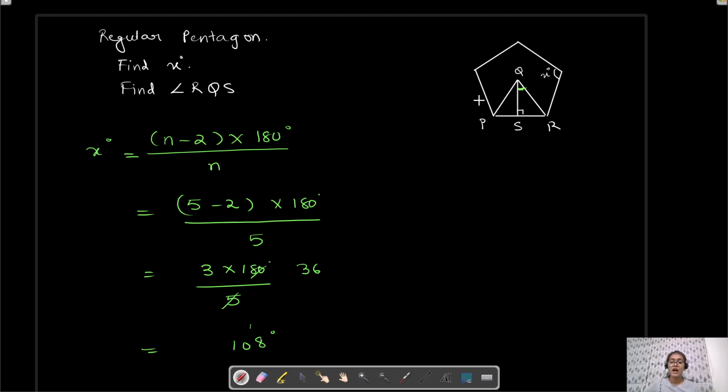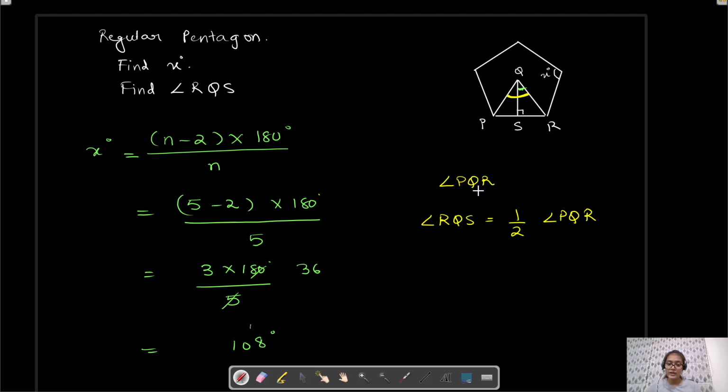If somehow we can find the value of this complete angle, angle PQR, then angle RQS is going to be equal to half of angle PQR. You have to let me know in the comments why angle RQS is going to be equal to half of angle PQR. Let me know in the comments.